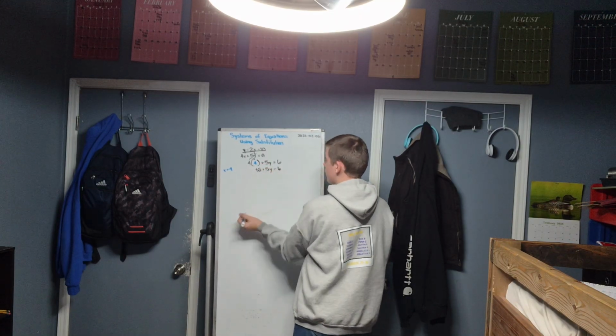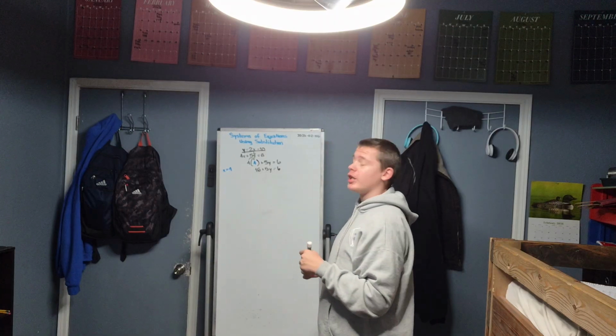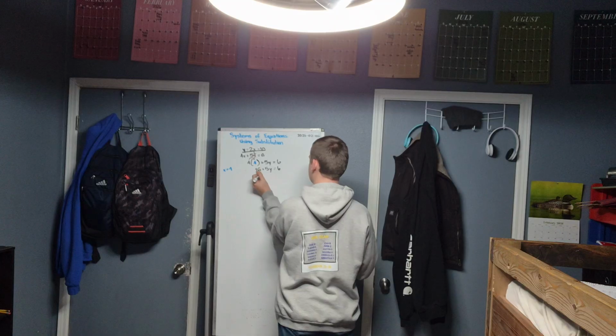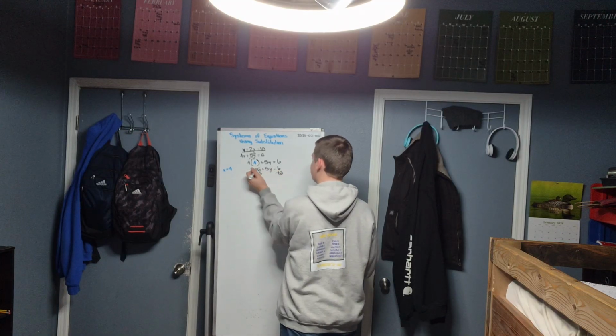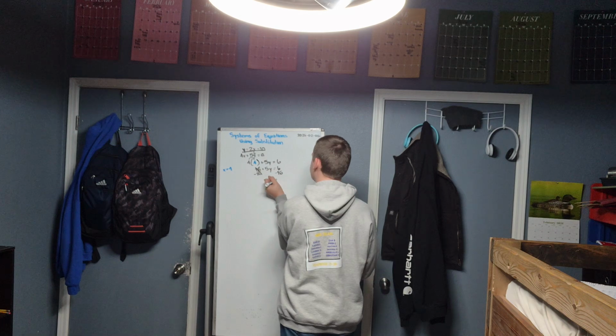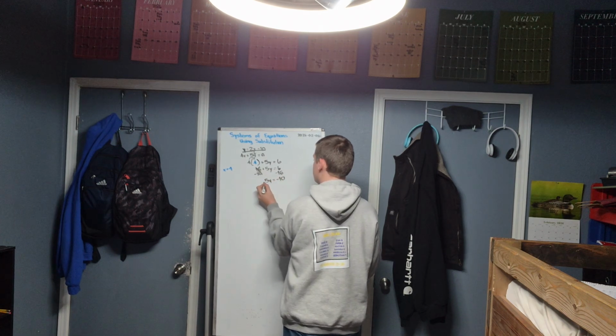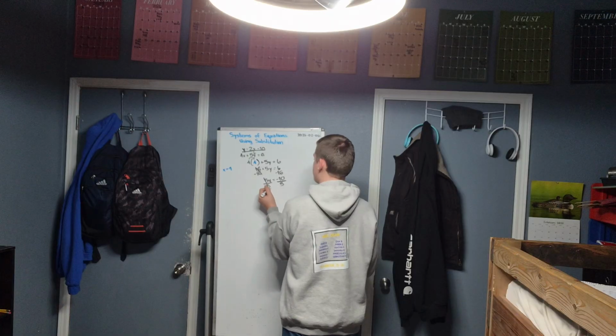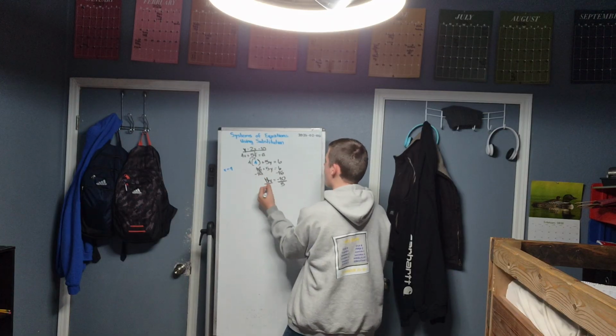So, now we're going to subtract 16. And that'll be 5y equals negative 10. And we're going to be dividing by 5.